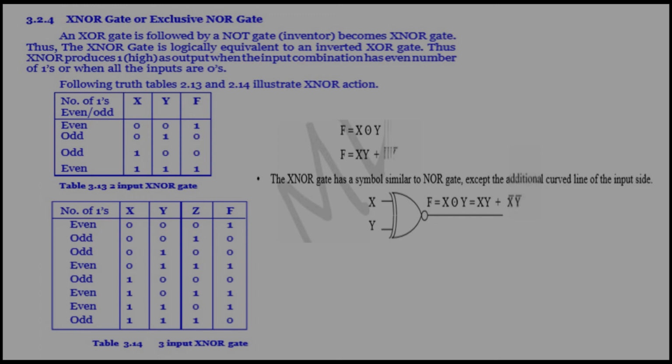That means we are adding the complement. That's why exclusive NOR is opposite of exclusive OR. That's why here the concept is just different. If the number of ones is even, we will get the result. If the number of ones is odd, we will not get the result. That means we will get the result as 0 when there are an odd number of ones. When there are an even number of ones, we will get the result as 1.